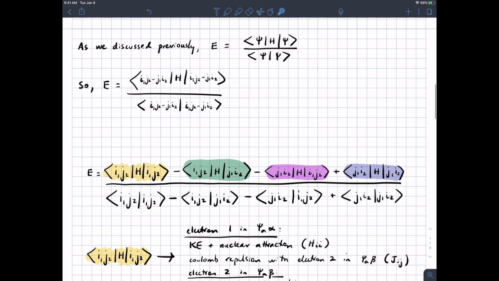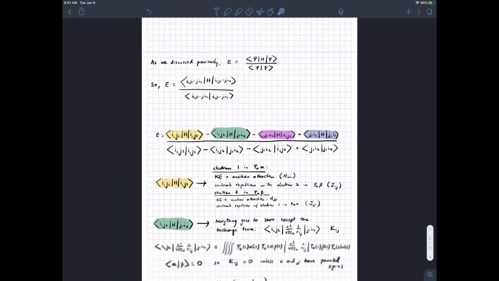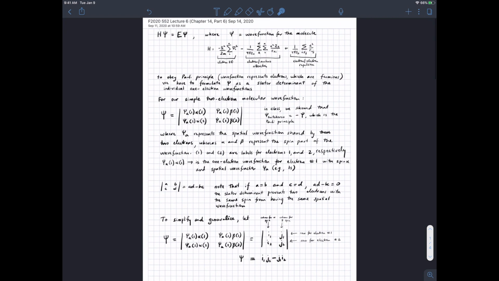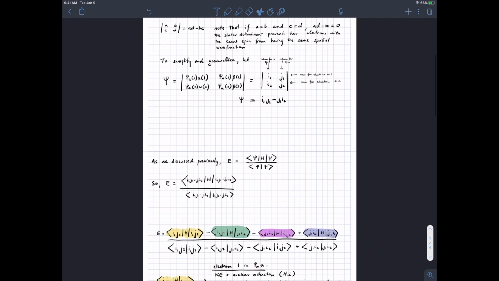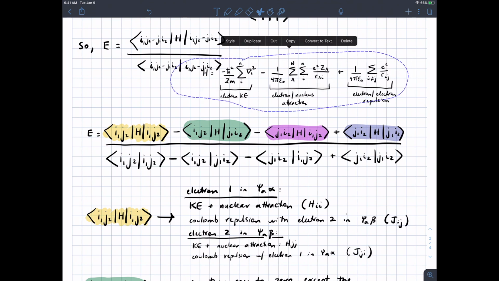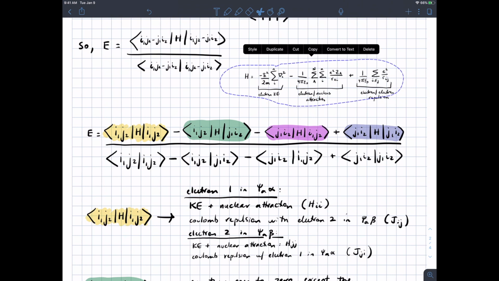Now, if we think about what each of these terms does, I went and did the math. I'm going to just copy down the Hamiltonian again. And I went and applied the Hamiltonian to I1 times J2 and then multiplied it by I1 times J2.